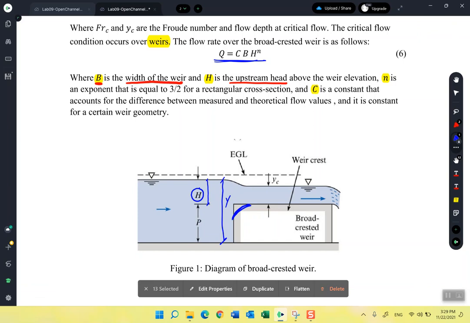So if you have the water depth, you can subtract the height of the weir from the water depth to get the value of h. N is the exponent that will be 1.5 in our case, and C is a constant that accounts for the difference between the measured and the actual flow.